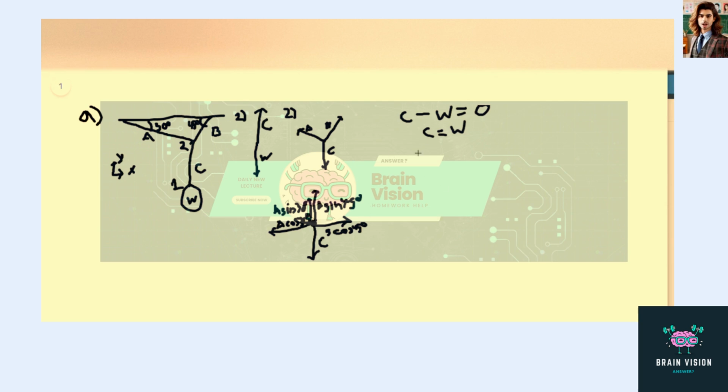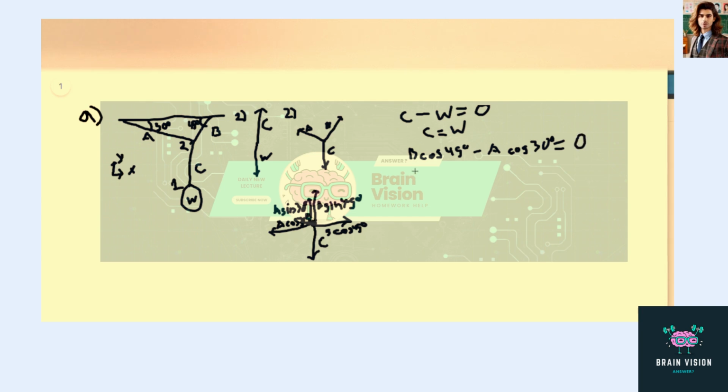In our second part, let's do the horizontal components first. We have B times the cosine of 45 degrees minus A cosine of 30 degrees equals 0.